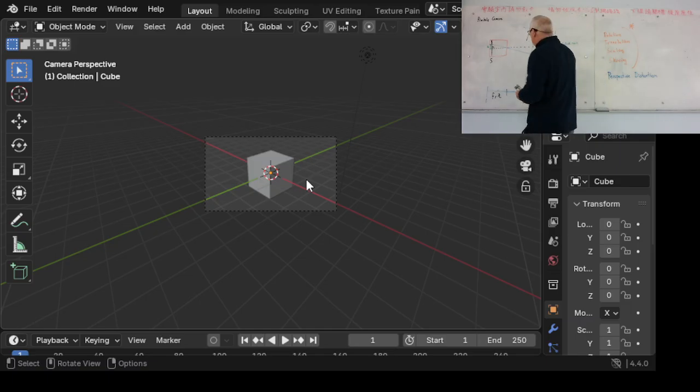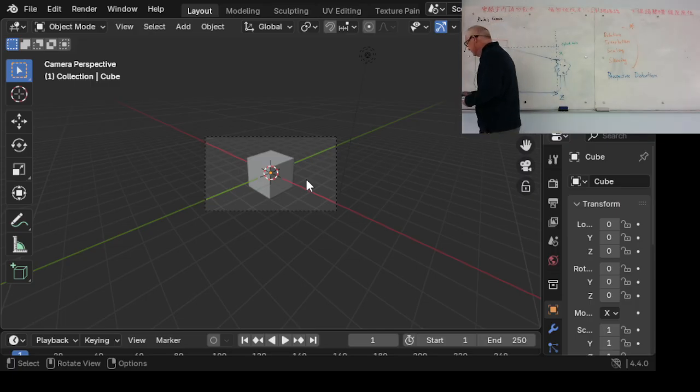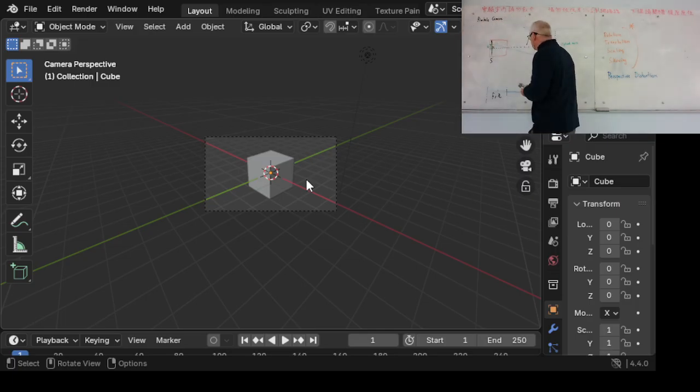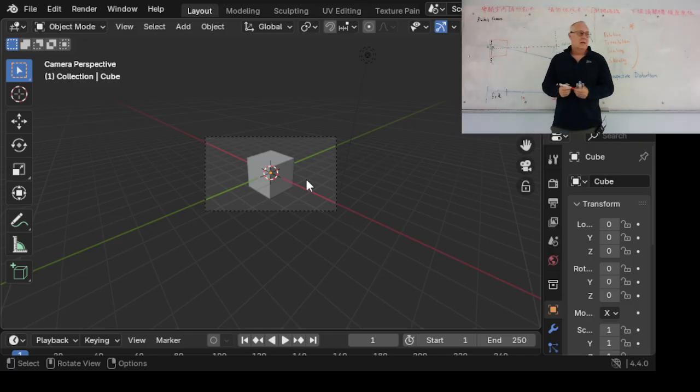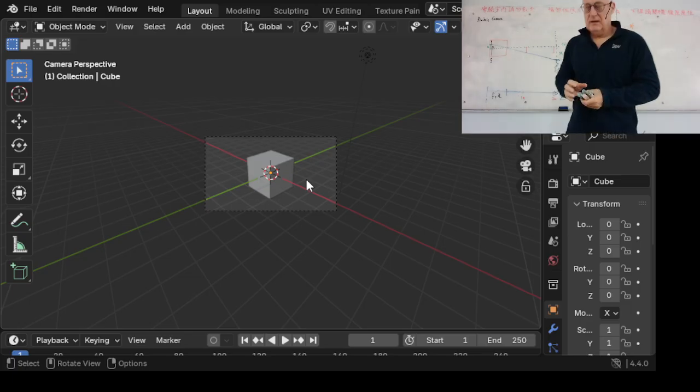Because this is the pen at 1 meter. This is the pen at 2 meters. Then the image of the pen is going to become smaller.